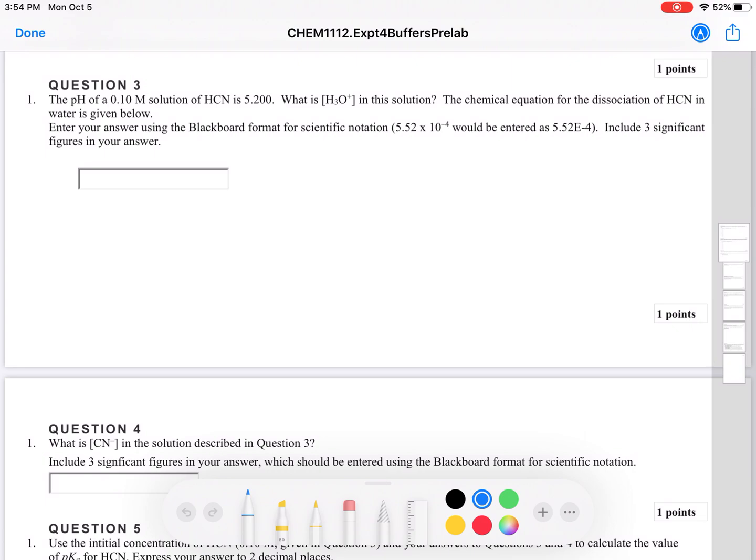So this is the equation. Hydrogen cyanide with water, HCN, is it an acid or a base? It is an acid, right? Acid with water acting as the base is going to form hydronium ion, H3O+, and the conjugate base, cyanide.